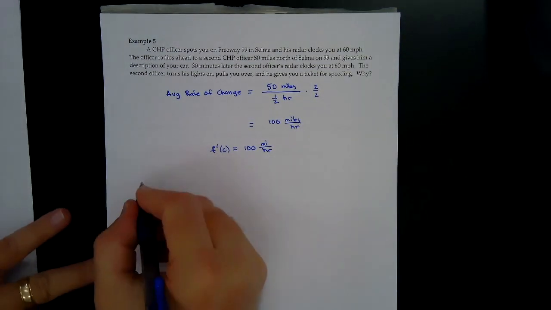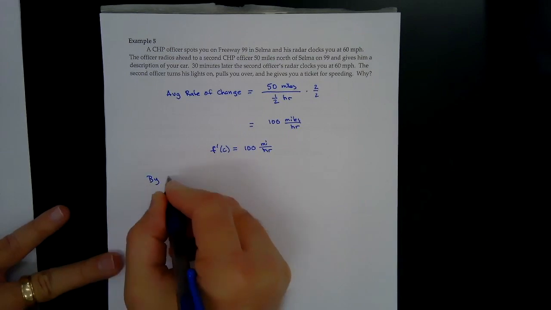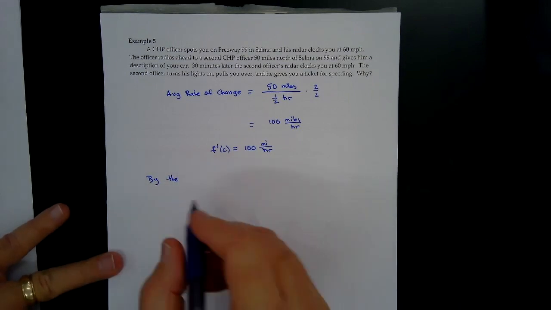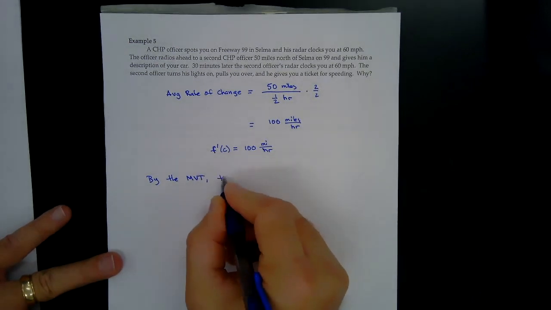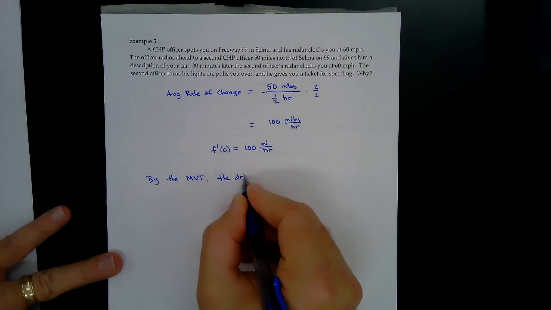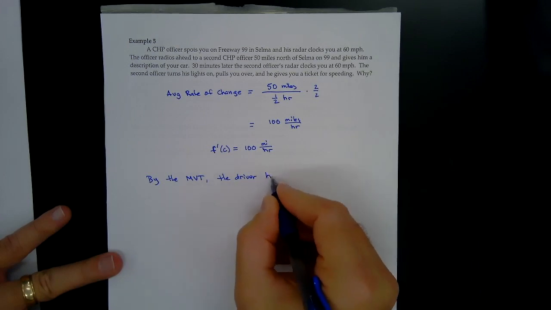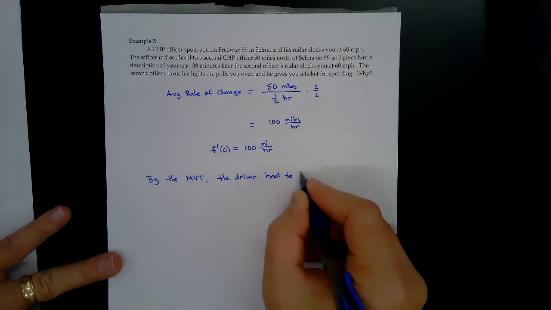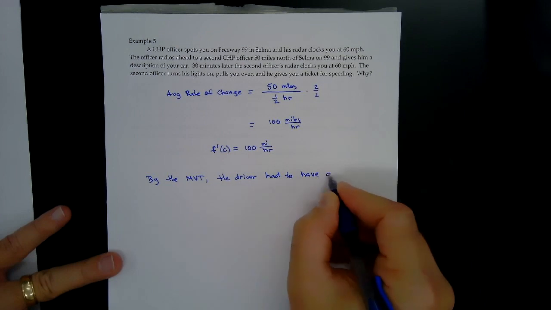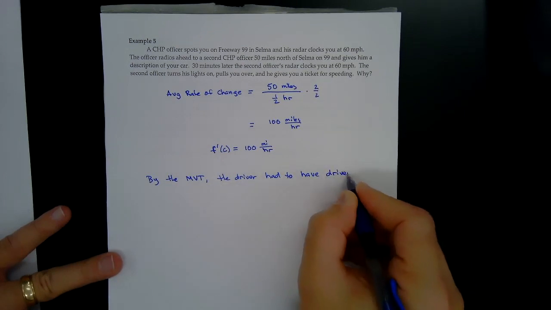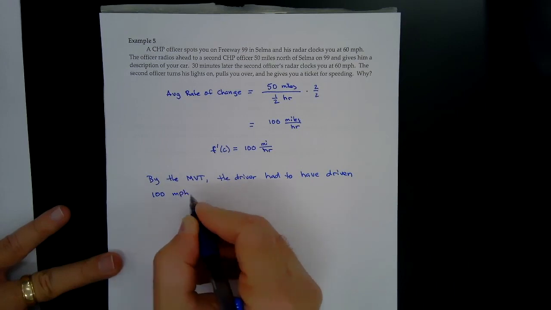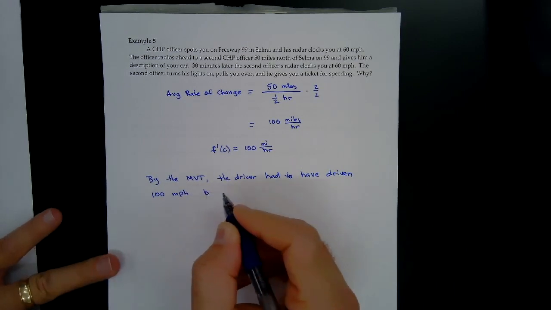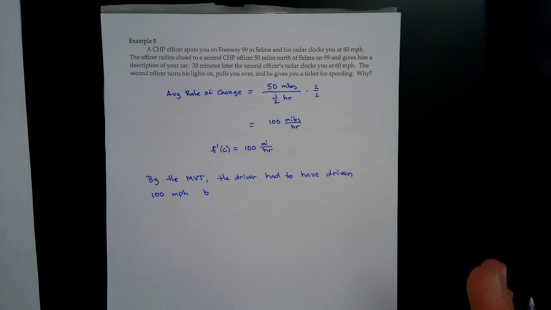Okay, so we would say, this is not as formal as the other ones, by the MVT, the driver had to have driven 100 miles per hour at some point in that 30-minute time interval.